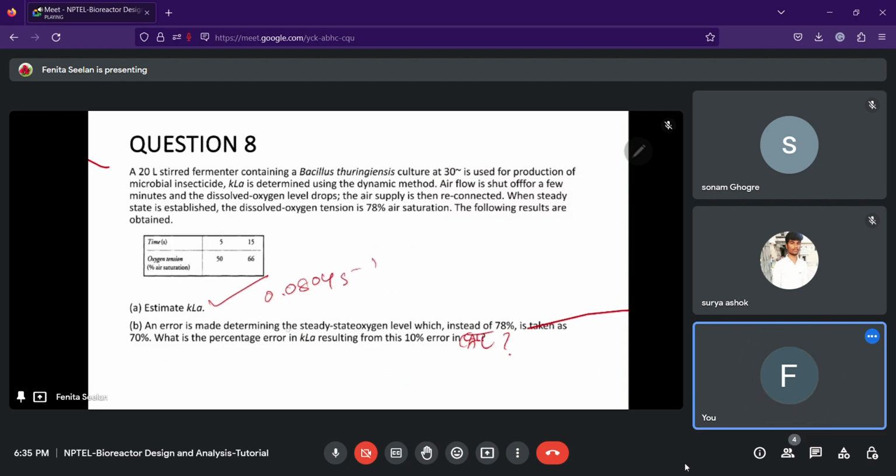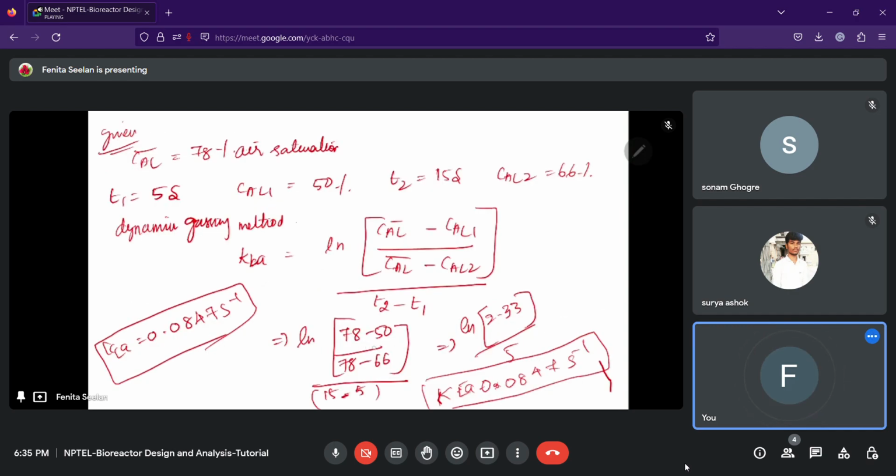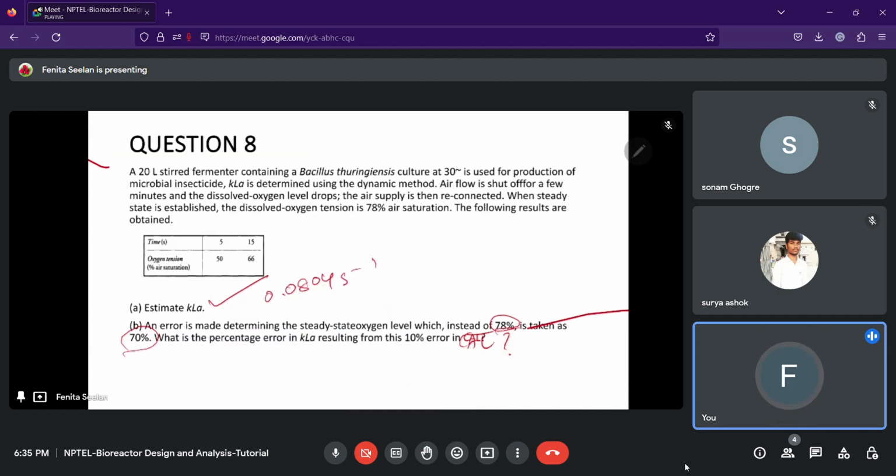In your question B, it was told that while measuring the steady state oxygen level, they took 70% instead of 78. So instead of substituting 78, please substitute 70, and you will get a KLA value, and then you have to calculate the error.